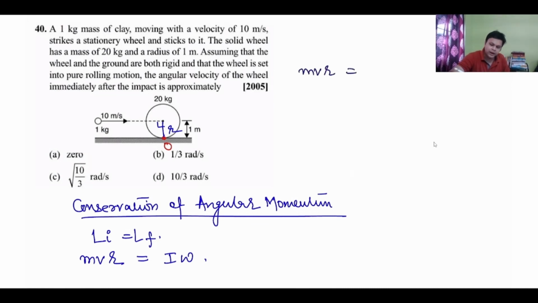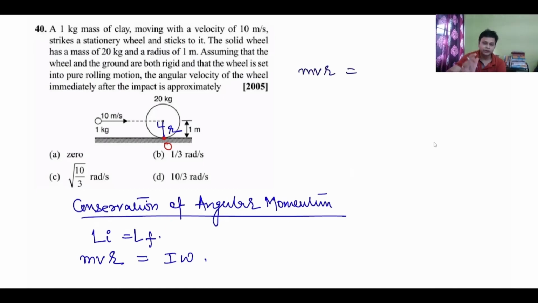mvr is equal to I omega. I is the moment of inertia of the wheel. The solid wheel has a mass of 20 kg and radius 1 meter. Solid wheel means I'll consider it as a disc.